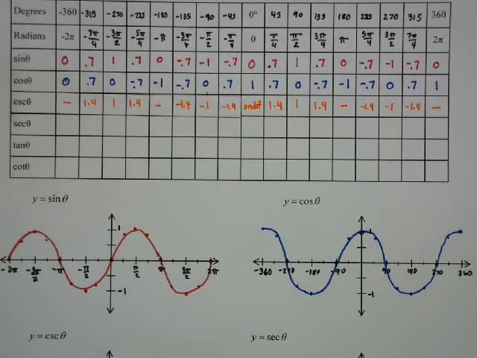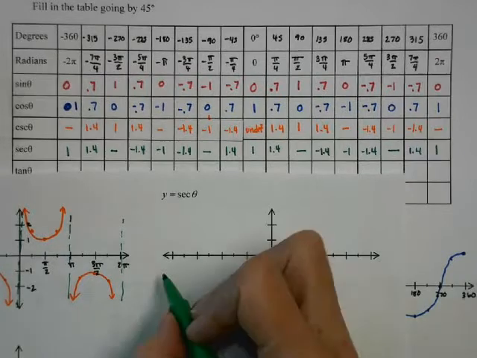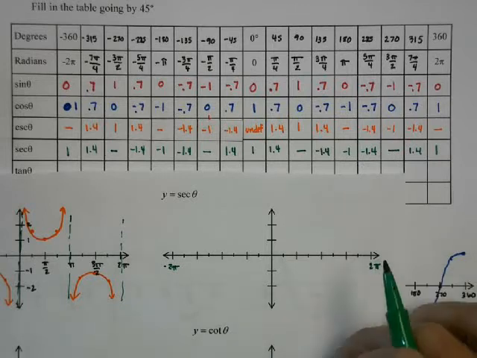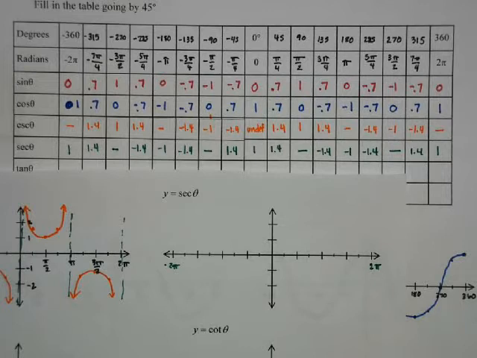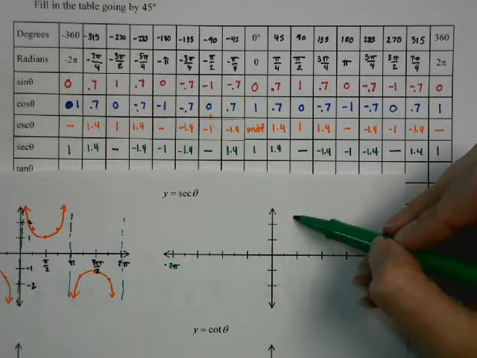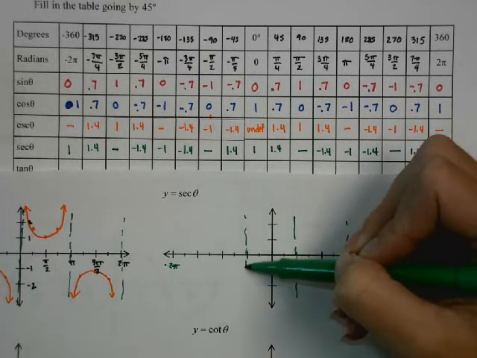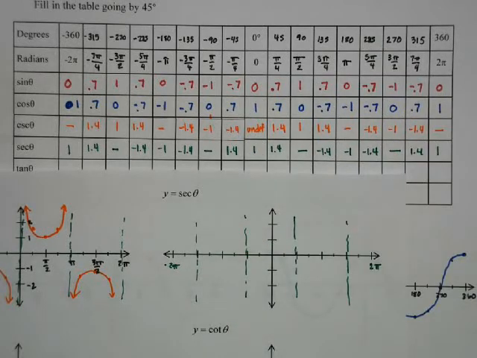So now I'm going to fill in the values for secant of theta and then graph it. So there are the values. I'm going to go ahead and graph it. It's going to be the same scale as we did for cosecant. I'm going to start with the asymptotes. So the asymptotes here are at pi over 2, 3 pi over 2, negative pi over 2, 3 pi over 2, and then the graph is going to look very similar to the other one.